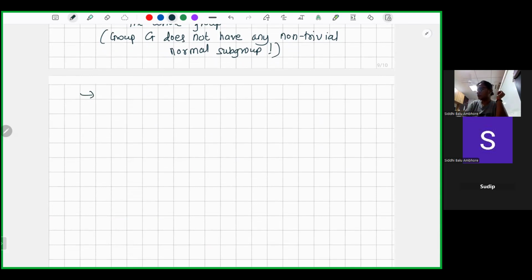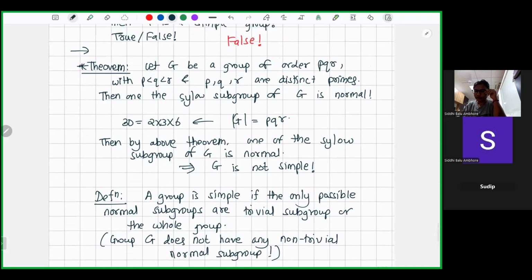So proof, we'll try to cover as much detail as possible. So we may assume that P less than Q less than R, right?